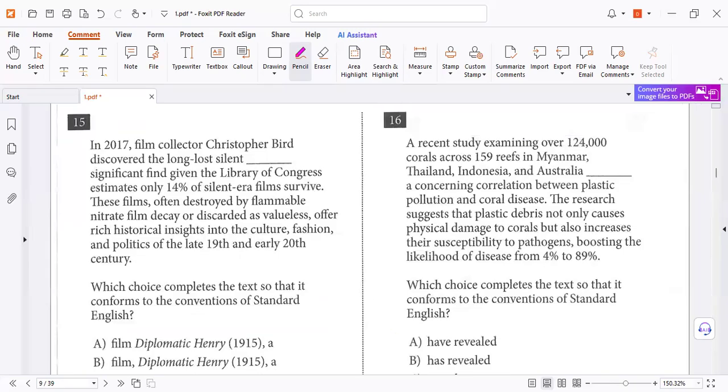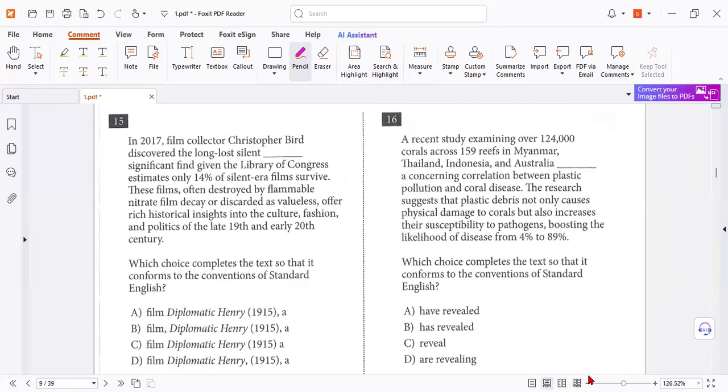Ah, punctuation, that you hate. It's B. Letter B, final decision, final, official.